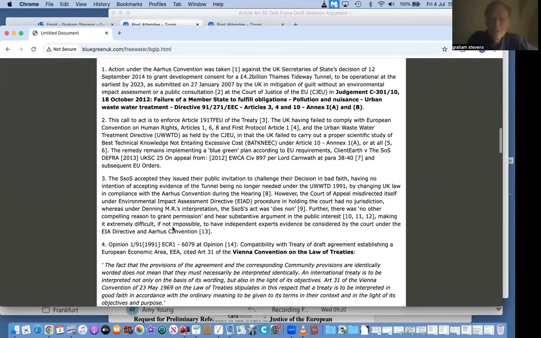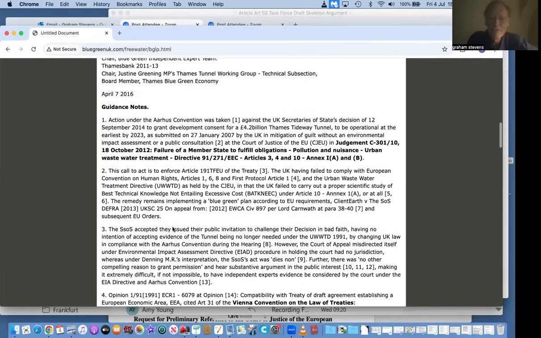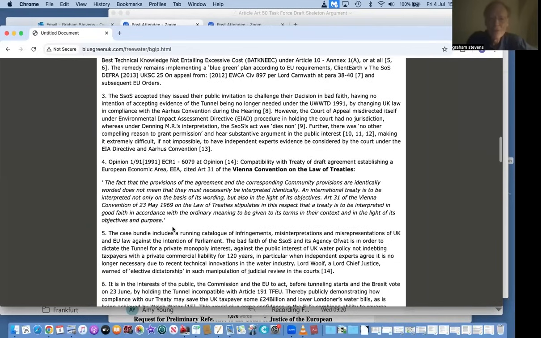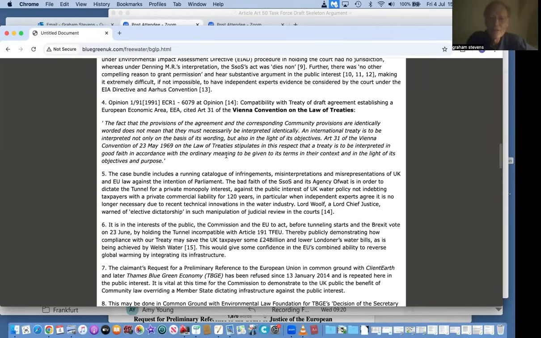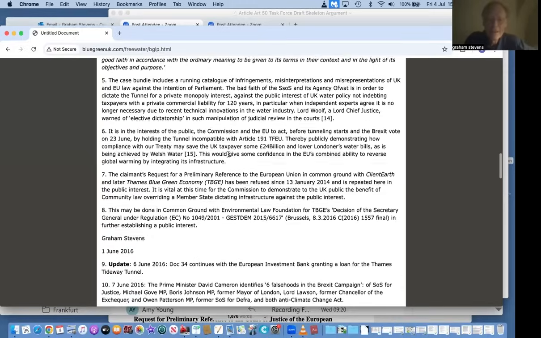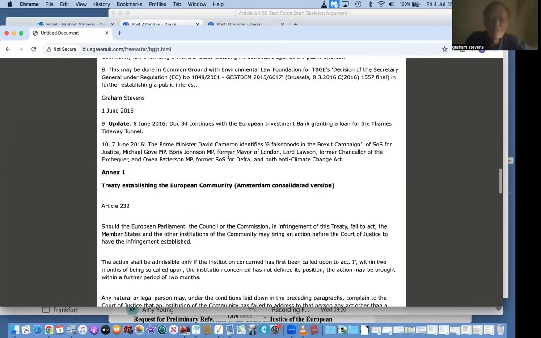So this goes through and recites all the wrongdoings of the UK in water, and also the Vienna Convention on the Law of Treaties about how we can go back into the European Union.